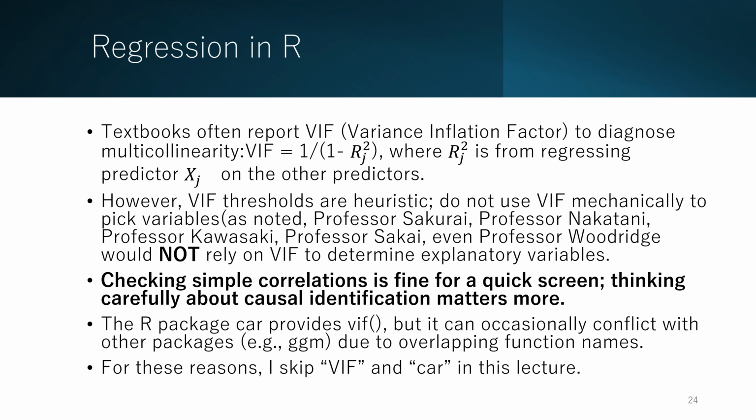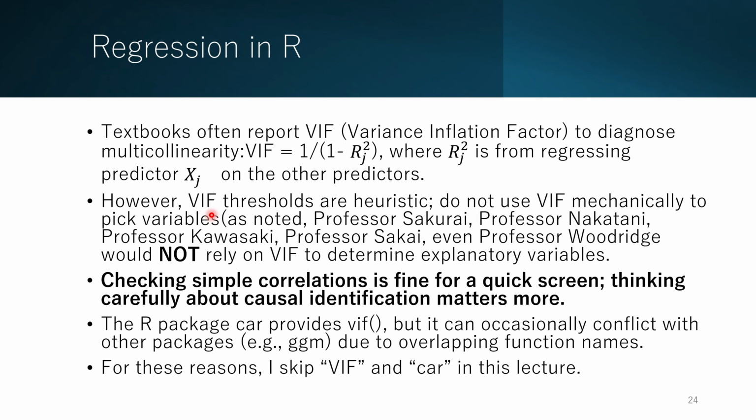Okay, next step. Some textbooks often report the VIF, variance inflation factor, to check multicollinearity. VIF can be calculated as 1 divided by 1 minus R2, where R2 is from regressing the predictor X on the other predictors.